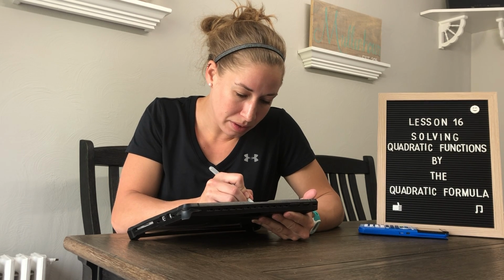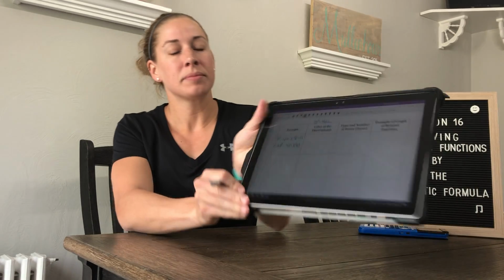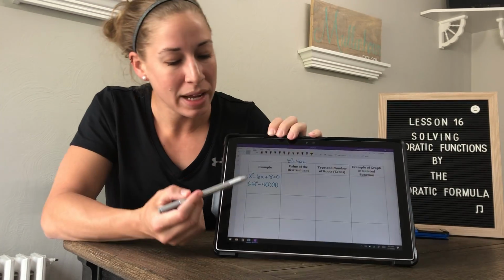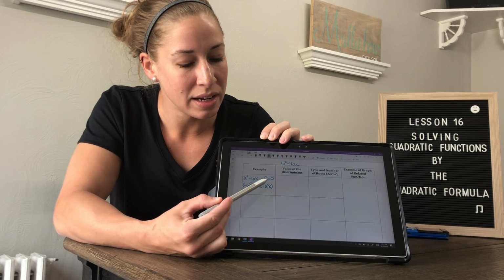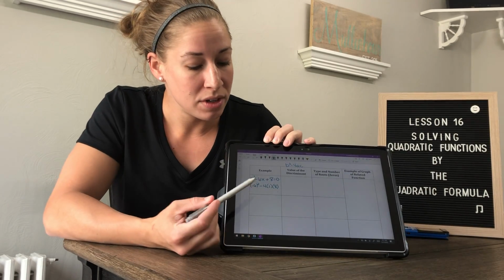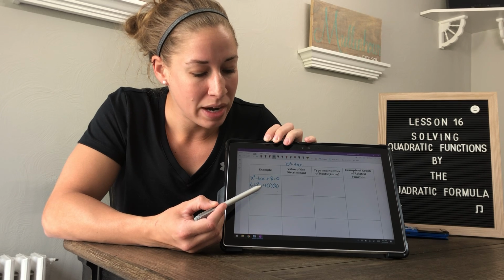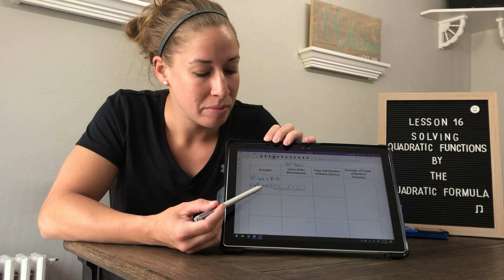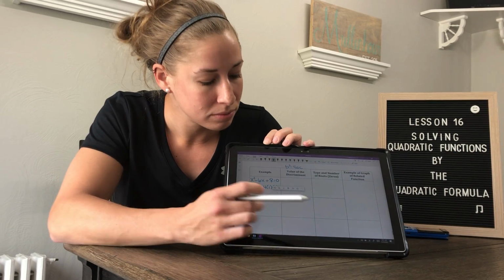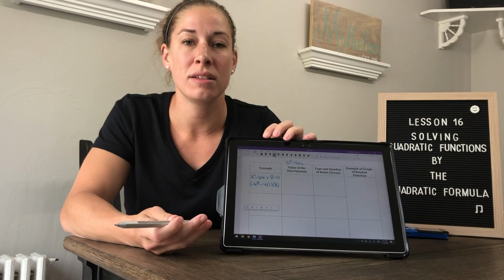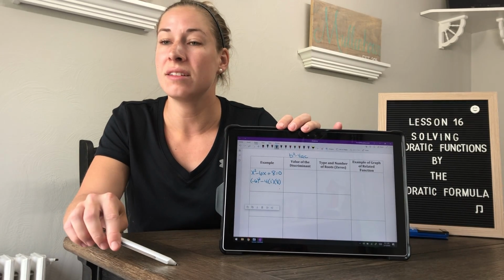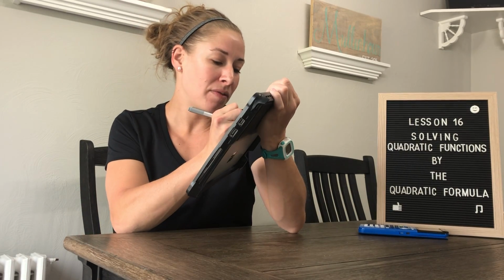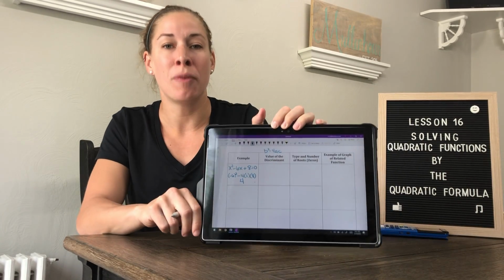My example is x squared minus 6x plus 8 equals 0, but just to find the value of the discriminant, b squared minus 4ac: -6 squared is 36, minus 4 times 1, which is 4, and then 4 times 8 is 32. So what's 36 minus 32? 4. So the value of this discriminant is just 4.